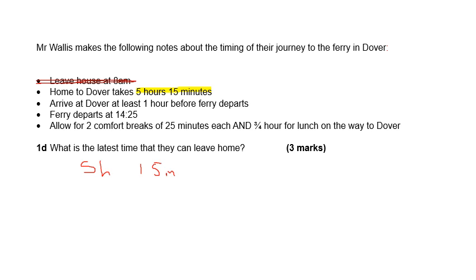The next thing then is they have 2 comfort breaks of 25 minutes each. Okay. Well, we can just in our heads realize that that's 50 minutes. 2 25 minutes is 50 minutes. Okay. And then obviously 3/4 of an hour for lunch. Okay. So we'll call that 45 minutes. 3/4 of an hour is 45 minutes.